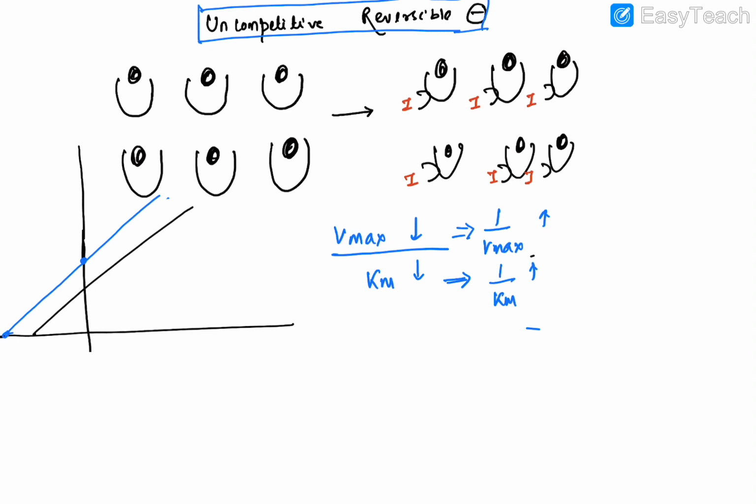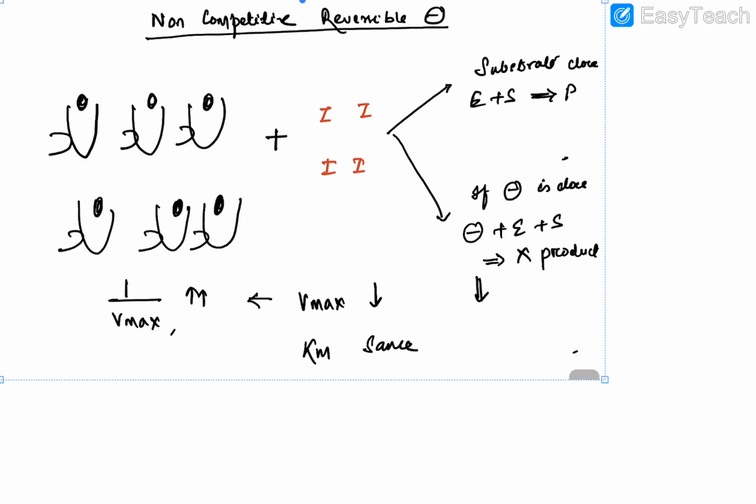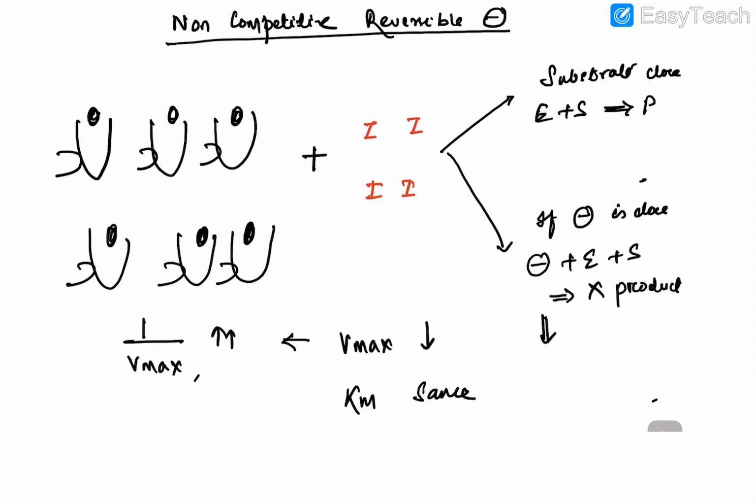Now coming to the last type of reversible inhibitor, that is the non-competitive inhibitor. In a non-competitive inhibitor, the scenario looks like this. We have an enzyme, and you can see that these enzymes already have an allosteric inhibitor site. They are not going to appear after the addition of substrate.